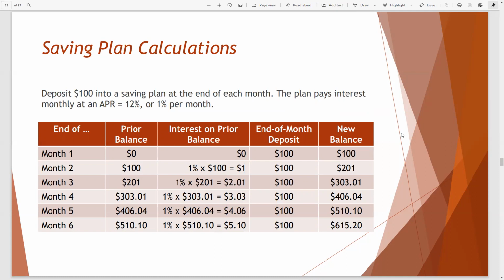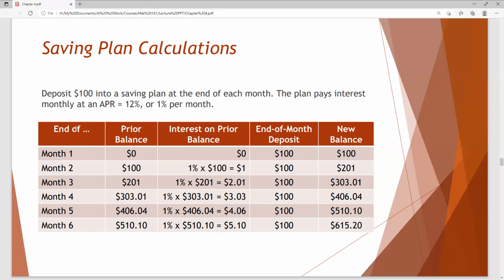The saving plan pays interest monthly at an APR of 12%, compounding monthly, that's 1%, but you also deposit every month.